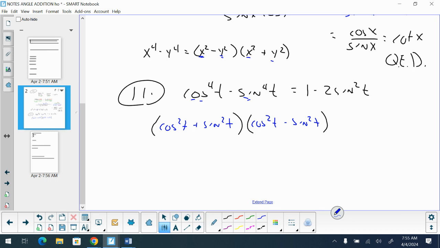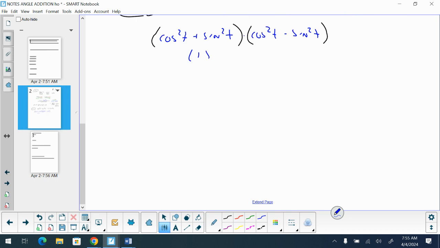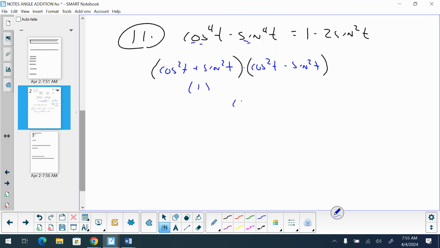This will give us a value of 1. So I have 1 times, okay? So it takes us away. What we are left with is just cosine squared t minus sine squared t.